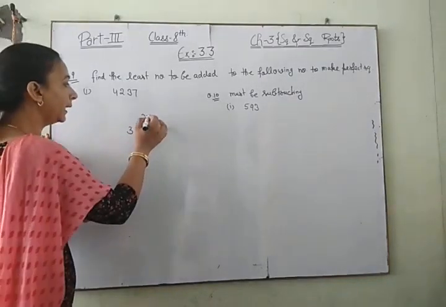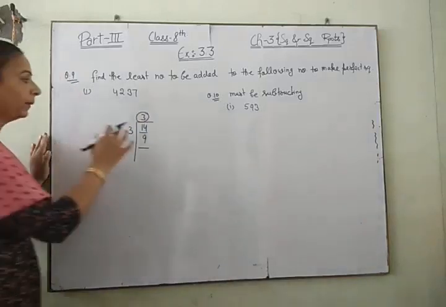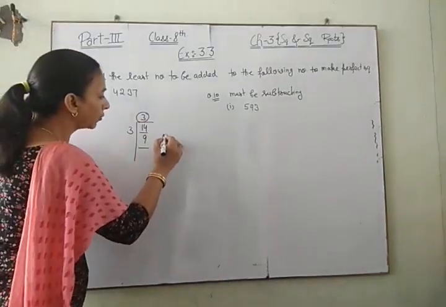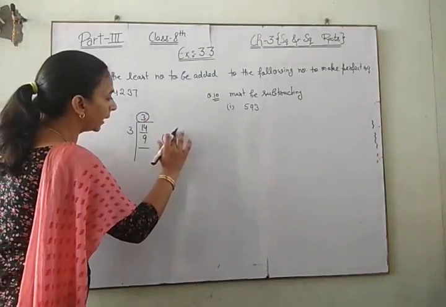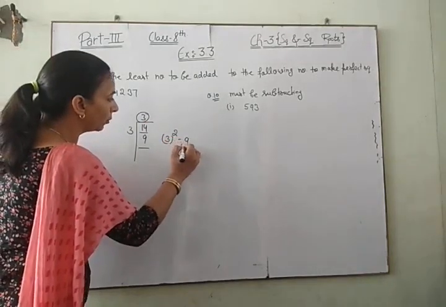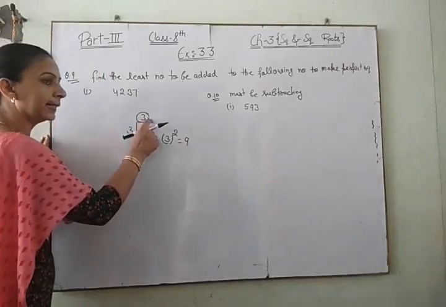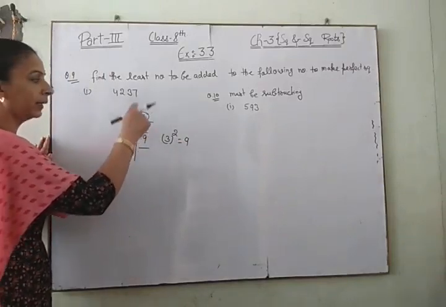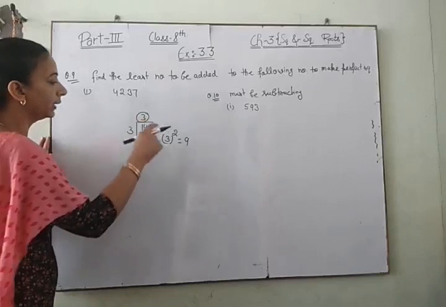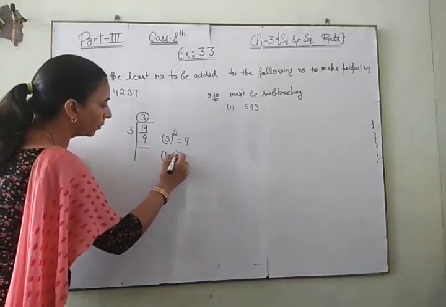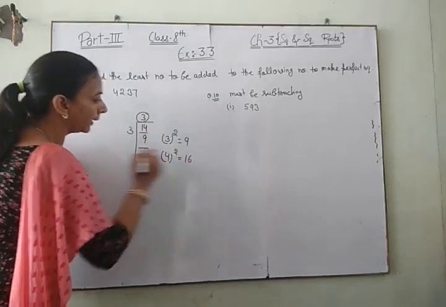If we take the number 3 and take the square of 3, this equals 9. And if we take a number greater than 3, that is 4, the square of 4 is 16.